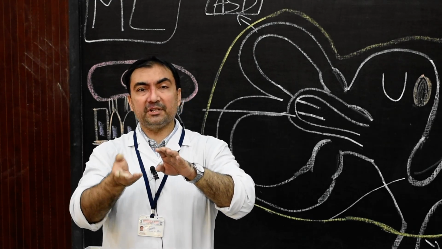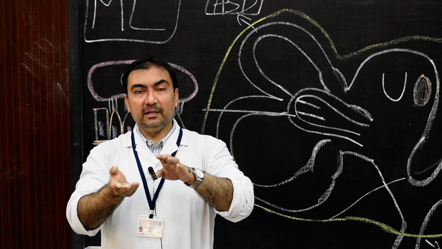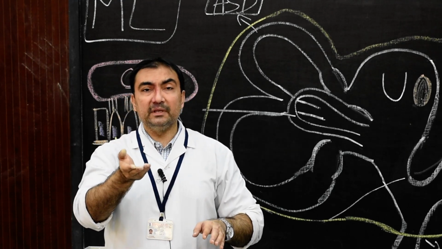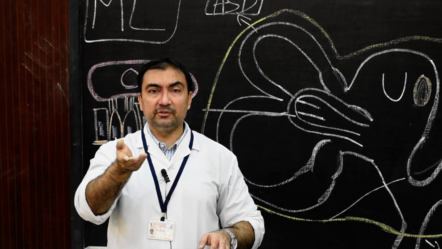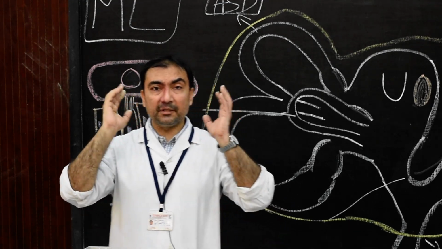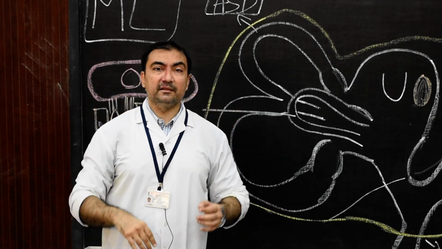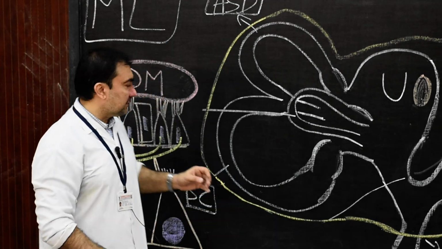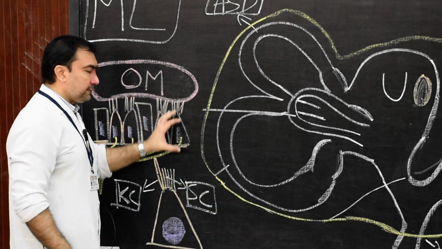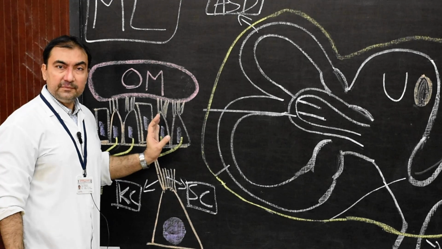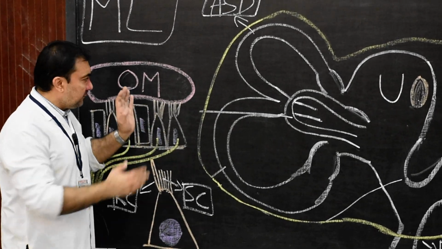He may not know the rotation, he may not know the orientation, and he may be flying the airplane upside down. That is because of the disorientation of linear acceleration, and that is because of the non-functioning of this organ, the macula. This is the biggest example. Here we finish our macula.